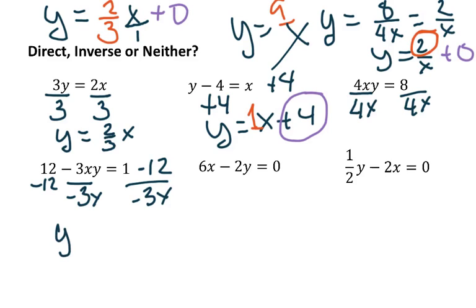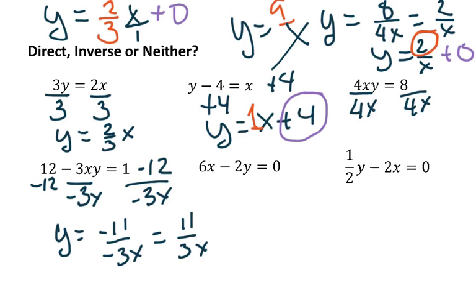So I have y is equal to negative 11 over negative 3x, which is equal to a positive 11 over 3x.